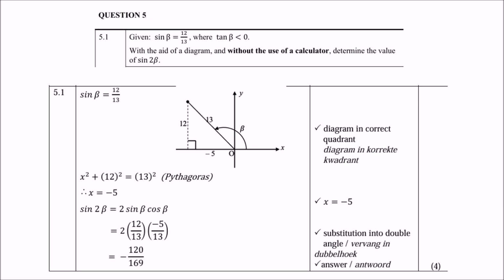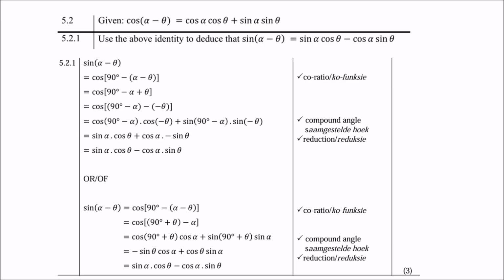Question 5.2. Given that the cos of alpha minus theta is equal to the cos of alpha cos of theta plus sine of alpha sine of theta, and of course we should recognize our compound angles. Now we have to use the given compound identity to prove that sine of alpha minus theta is sine of alpha cos of theta minus cos alpha sine theta.